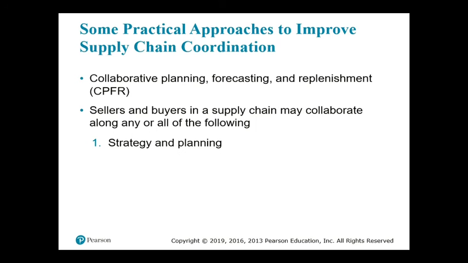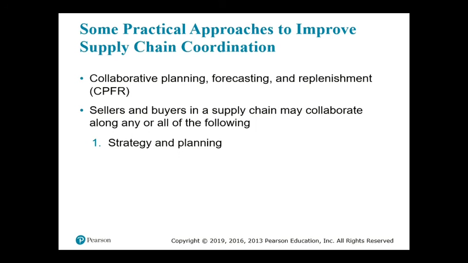One is strategy and planning. In this, the collaboration is to define the strategy of the collaboration, for example, the scope of collaboration, right? What roles each company would play in this collaboration, what their responsibilities are, and when they are going to be checked for their performances.